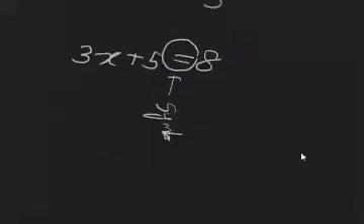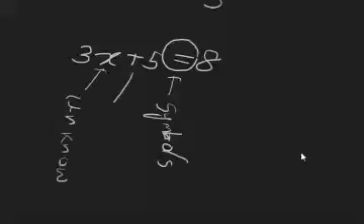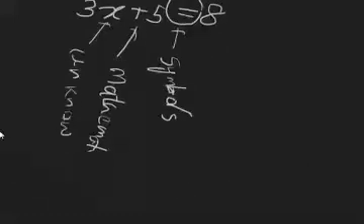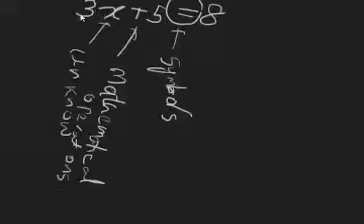Here the unknown algebraic term, then mathematical operations. Here also you have another mathematical operation, multiplication, here addition, unknown term and numbers. Here 5 and 8 are numbers.